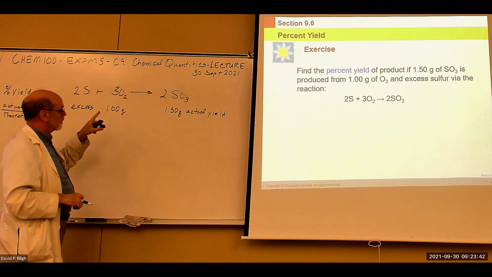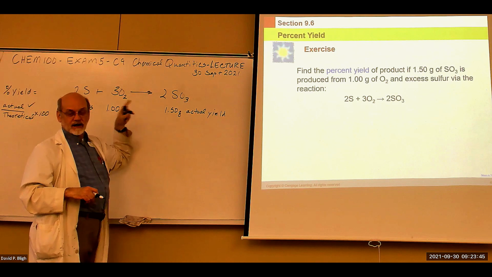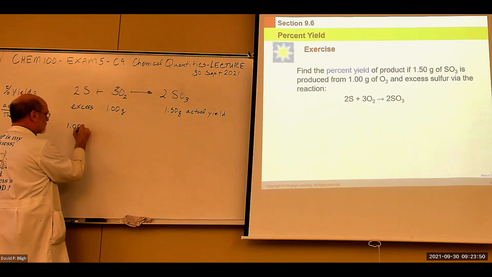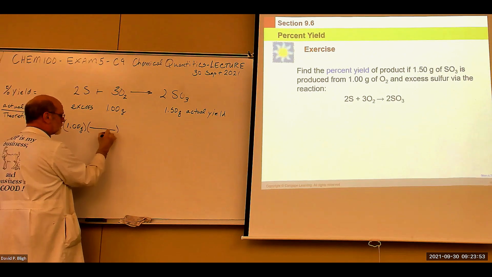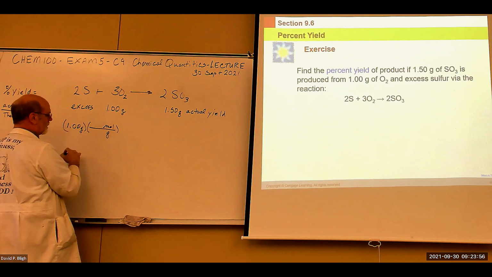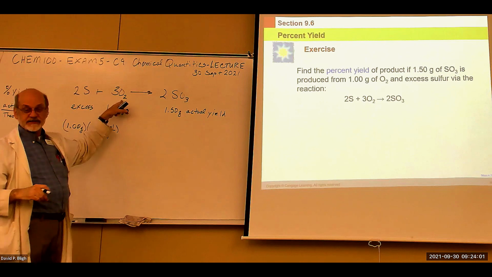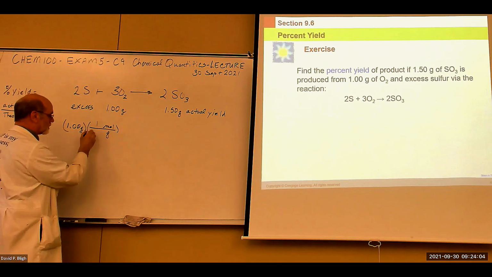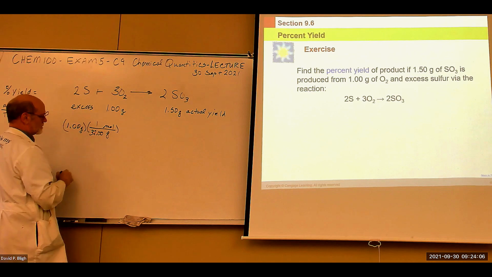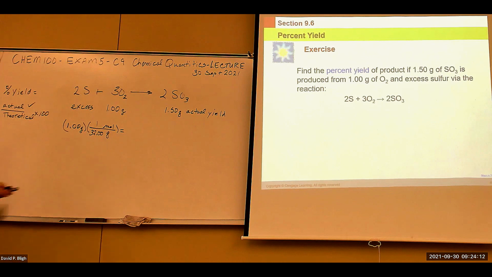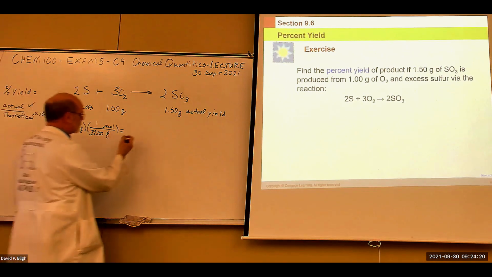Right? So remember, you can't go from here to there unless you know moles. So we've got to convert to moles first. So 1 gram of oxygen, we need to convert to moles of oxygen. And 1 mole of oxygen weighs how much? Well, 16 for each atom, 32 total. Okay, so that value is 1 divided by 32, or 3.125 times 10 to the minus 2.